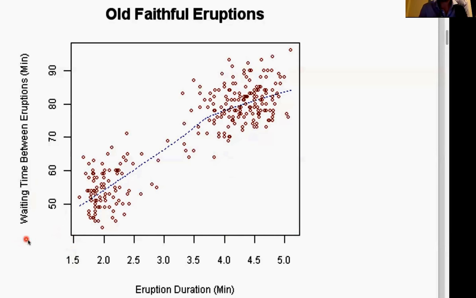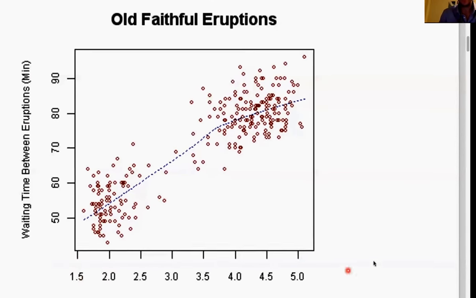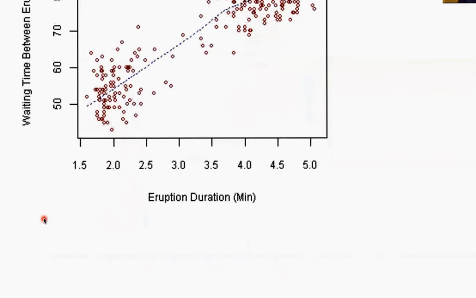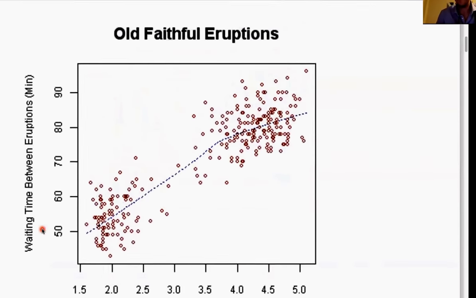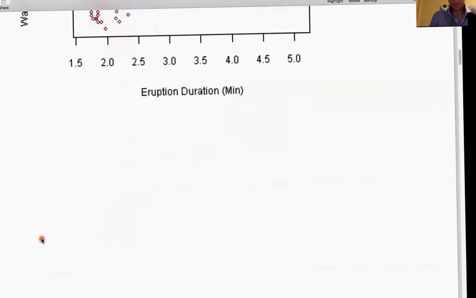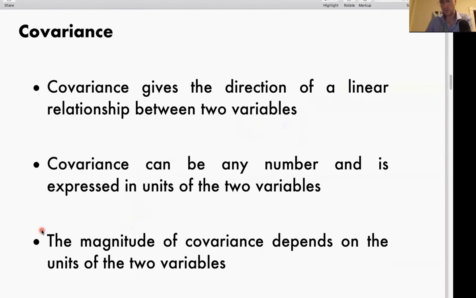And I should emphasize, it may seem a little elementary, but the x-axis is always the horizontal one. The y-axis is always the vertical one. X-axis, y-axis, they're pretty much exchangeable for correlation, but it's important for communicating these kinds of things. So we go back to covariance.